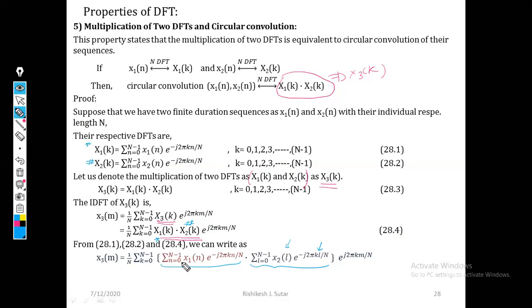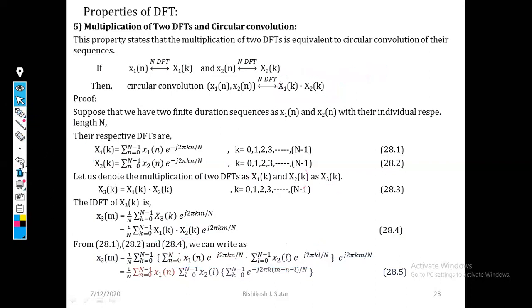Now we can change the summation orders. 1 upon N will remain as it is. I can bring the summation, n runs from 0 to N minus 1 of x1 of n, here.